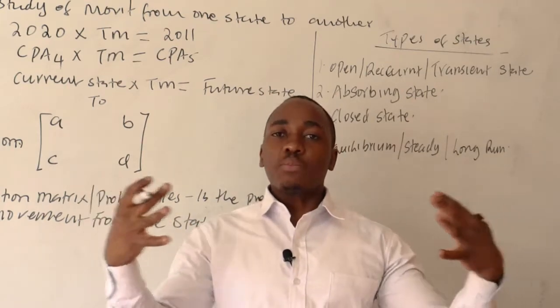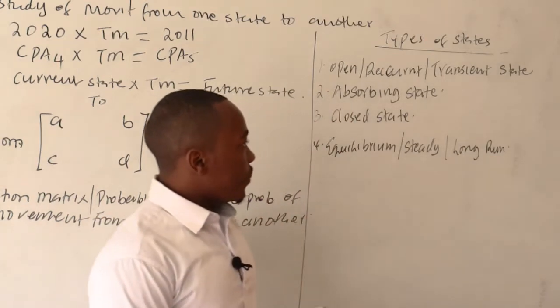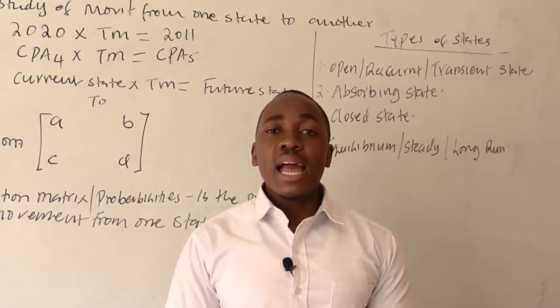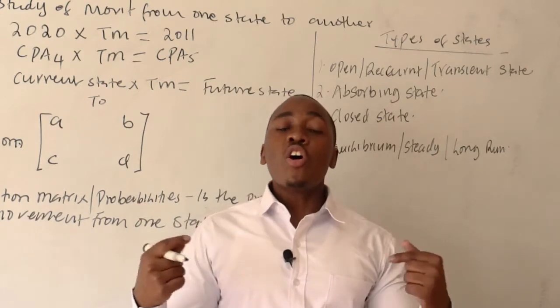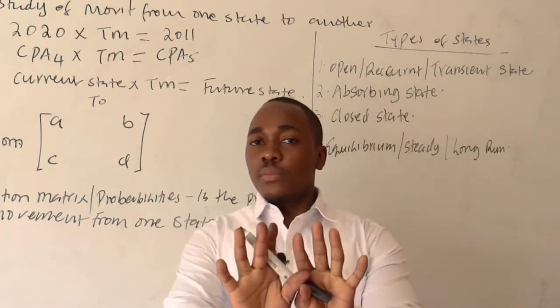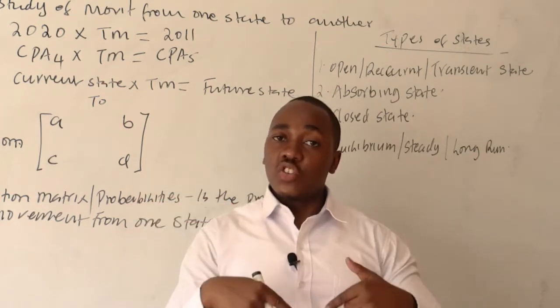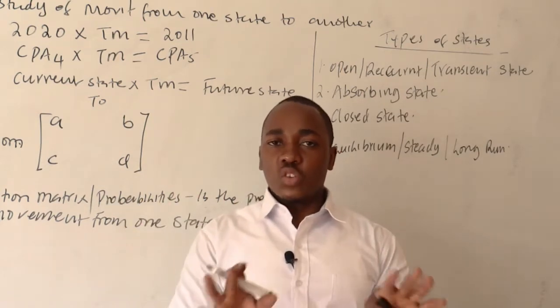That's why it's called an absorbing state. And then we have a closed state. A closed state is where no new members can join and no members can exit. So that state is closed.